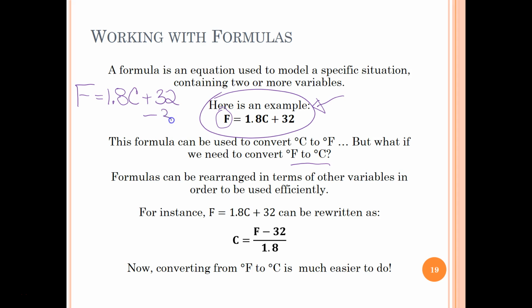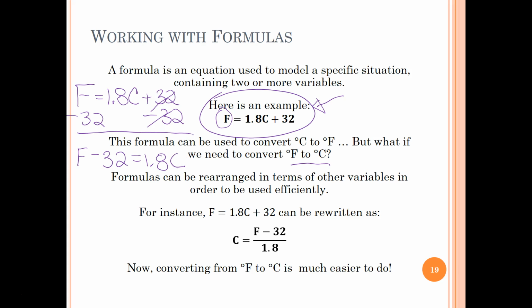So the first thing I'm going to do is get rid of that 32 and bring it over to the other side. So notice what happens here. We're left with F minus 32 is equal to 1.8 times C.